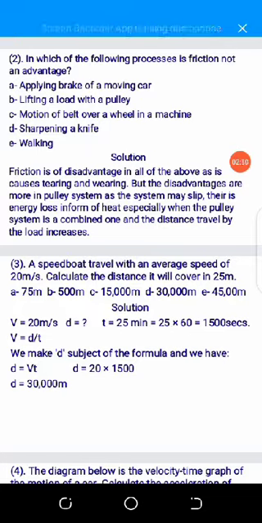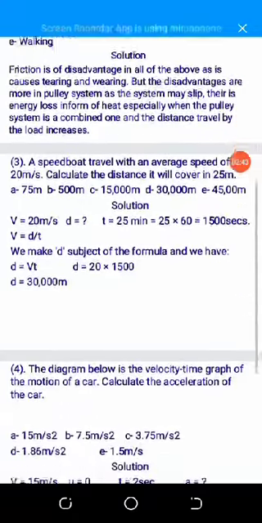There is also energy loss in the form of heat, especially when the pulley system is a combined one and the distance traveled by the load increases. So the disadvantages in a pulley system are by far higher than in the other ones. The pulley remains the correct option, because in the other four options you have tearing and wearing, which equally applies to the pulley system too. So the correct option is B, lifting a load with a pulley.